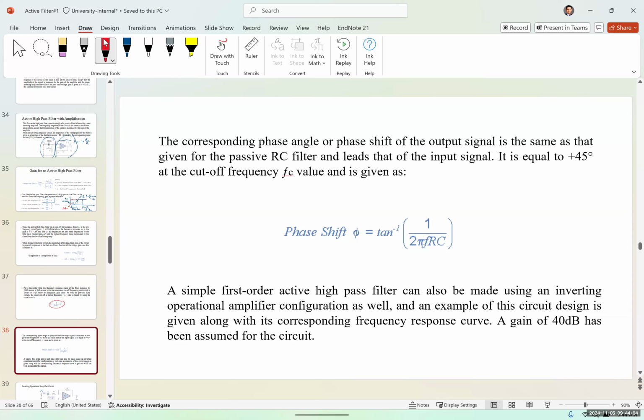It is equal to positive 45 degrees at the cutoff frequency, FC. The reason that we have this phase shift is because of the passive RC filter. We know that for a non-inverting amplifier, we don't have any phase shift. For an inverting amplifier, we have a 180 degree phase shift. So this phase shift is the result of the passive RC filter.